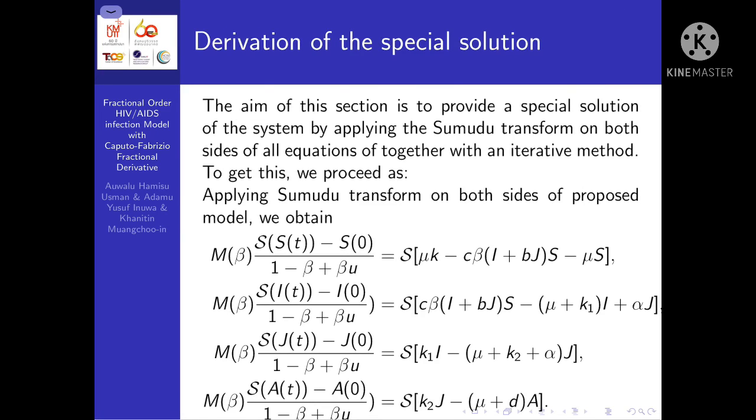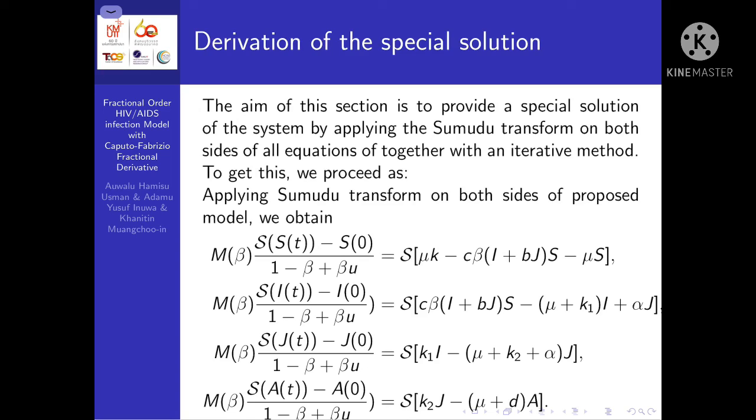So the aim of this section is to provide a special solution of the system by applying the Sumudu transform on both sides of all the equations, together with an iteration method. Apply the Sumudu transform on both sides of the proposed model.